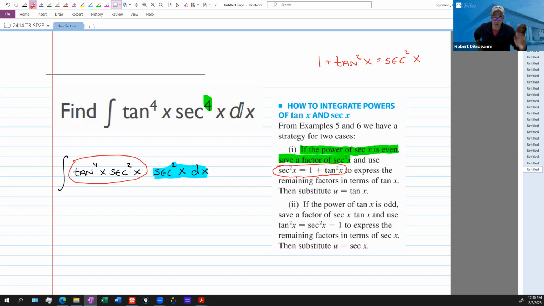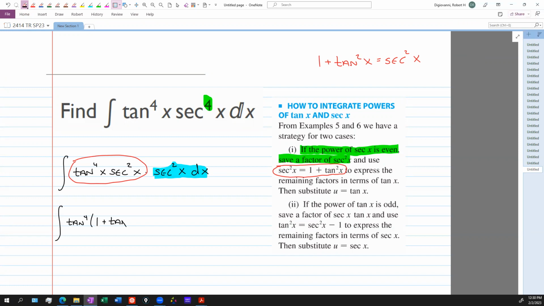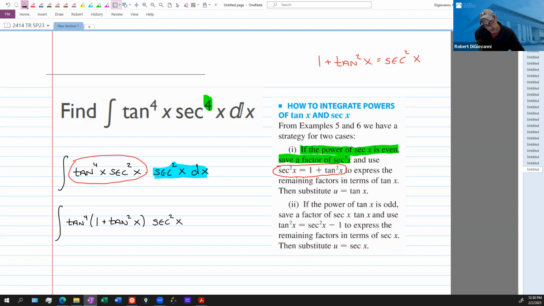These are on your sheets. And so what I'm going to do is replace secant squared with 1 plus tangent squared. And I'll still have that tangent to the 4th out there. So it'll put the whole thing in terms of tangent, except the secant squared x dx, which is going to be my du when I do a basic u substitution.